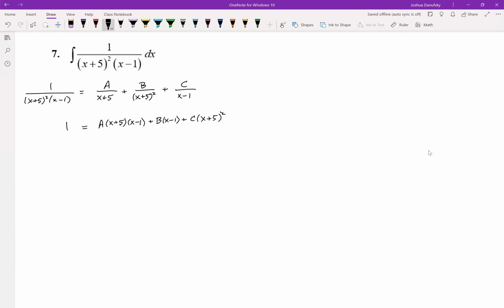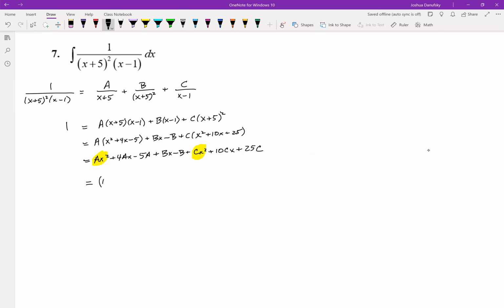Now we'll multiply and distribute each of our constants, A, B, and C. Now we'll group together our x squareds. So we have Ax squared here, and we have Cx squared there.